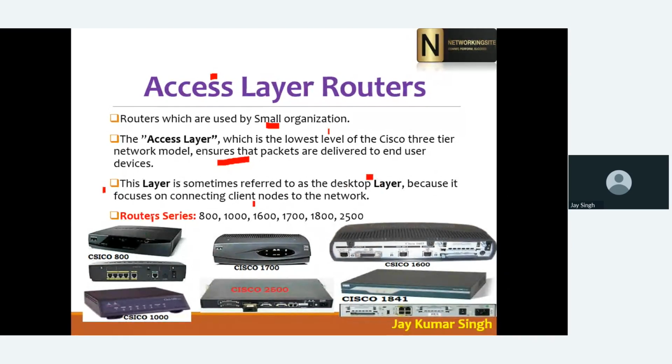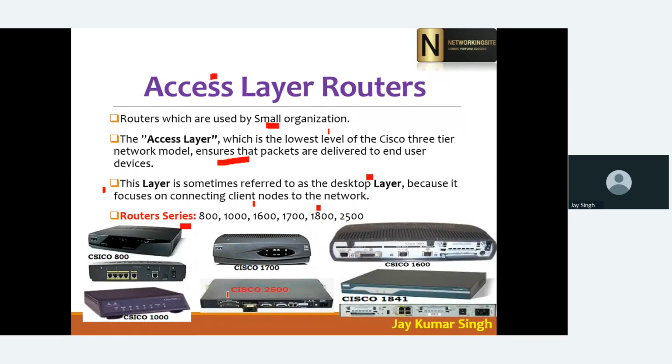Every device has a number. Whenever you see 800, 1600, 1800, and after 1800, 1841, 1850, whatever you see after 18 or after 25, these routers are access layer routers.